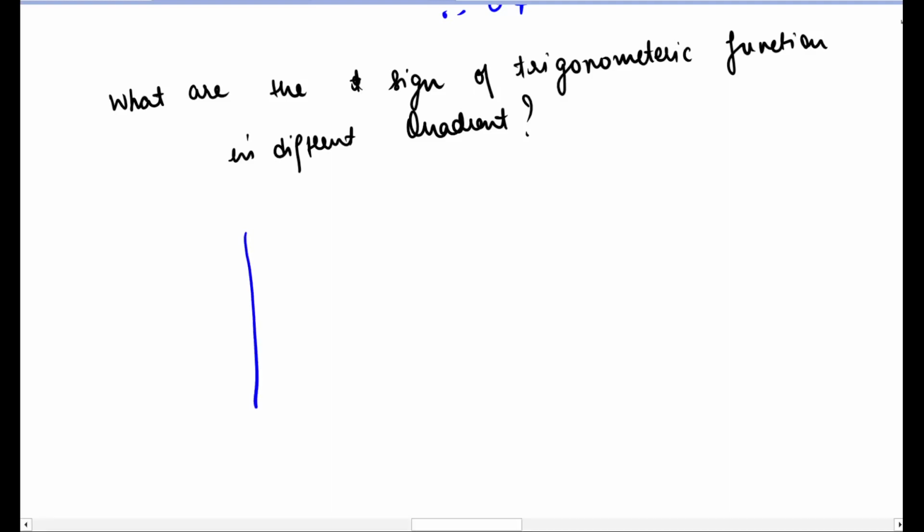So this is a quadrant. This is the first quadrant, this is the second quadrant, this is the third quadrant, and this is the fourth quadrant.